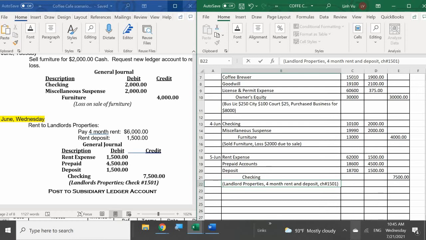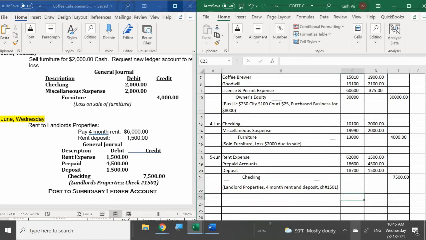So my check number is going to be my first source document. Okay. And we wrote it for the 7,500. And again, checking account, I can just go look right above. It is number 110,100. Okay, and it's for the 7,500. So there we go.